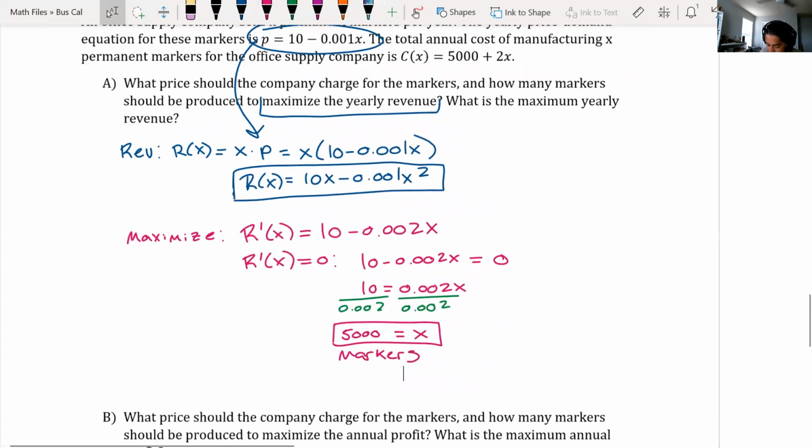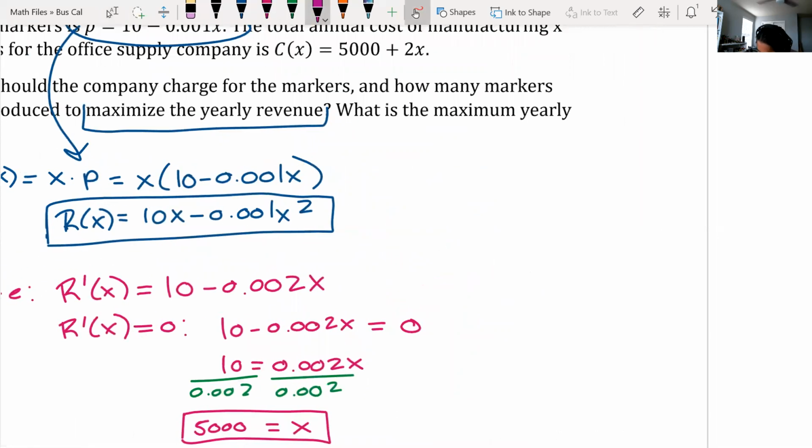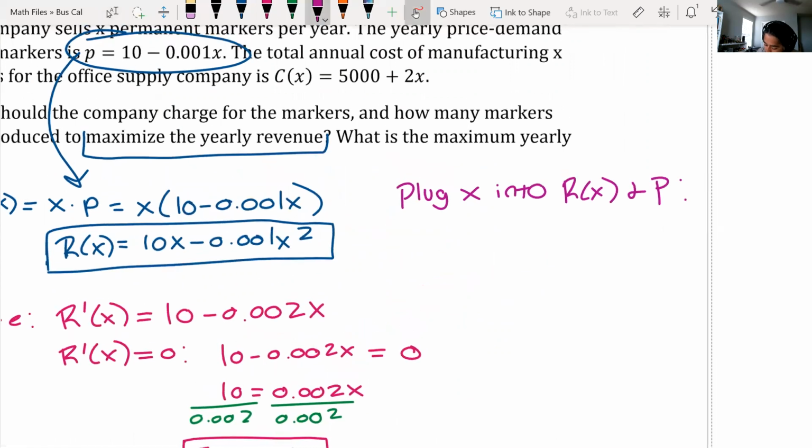So I can do that over here. We'll say plug x into R of x and p. I will do R of x first.